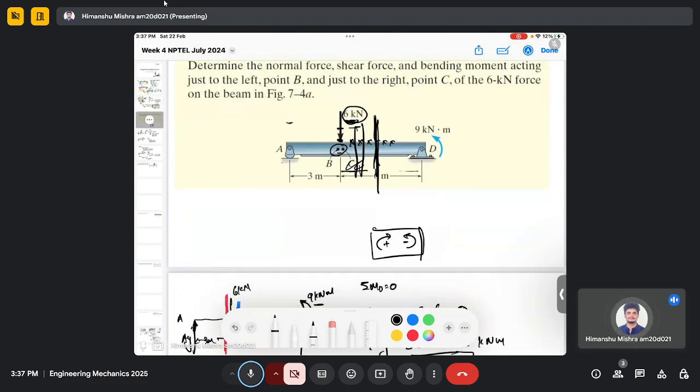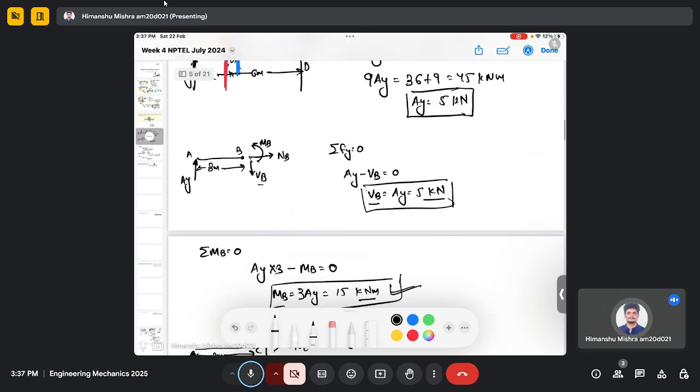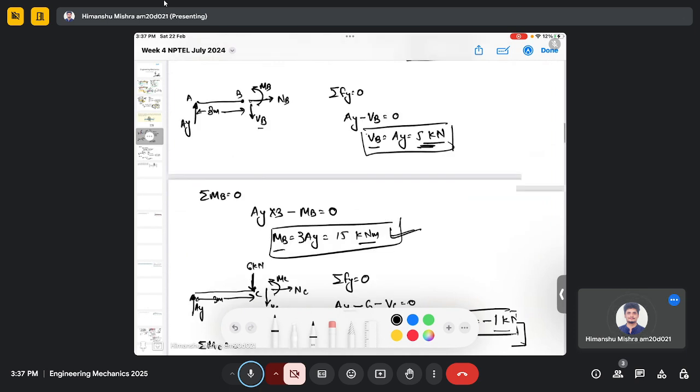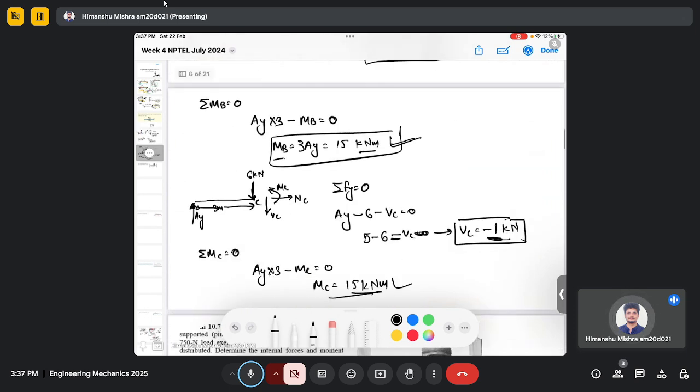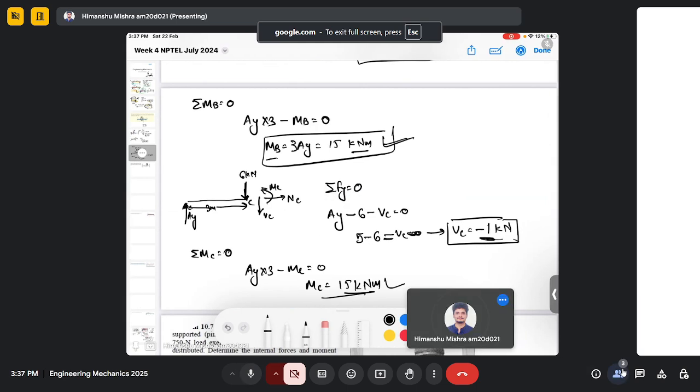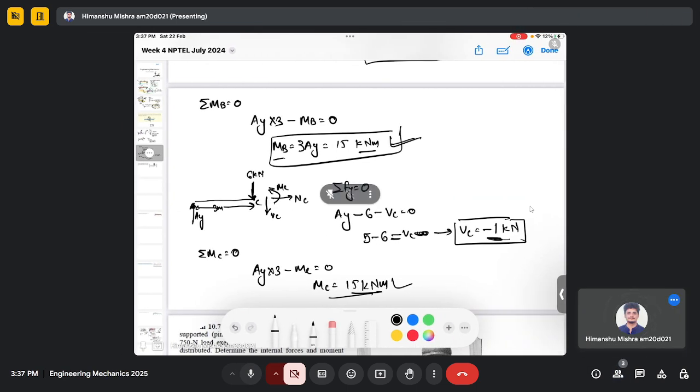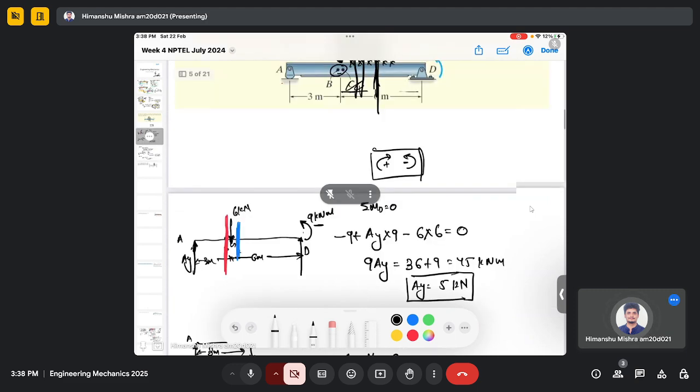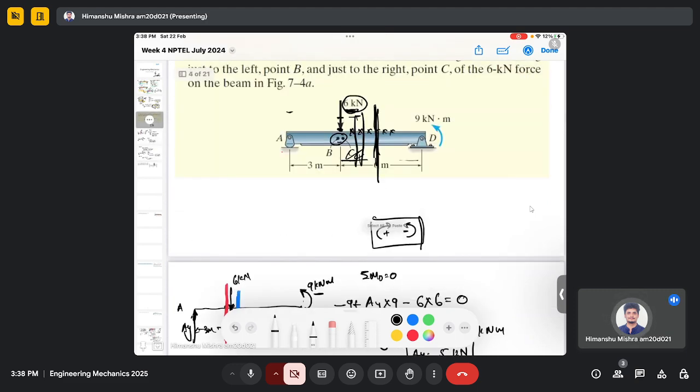So the shear force, we found that it was 5 kilonewton just left hand side of this external force, and it is minus 1 kilonewton in the right hand side of this force. So this point load actually makes the shear force discontinuous.